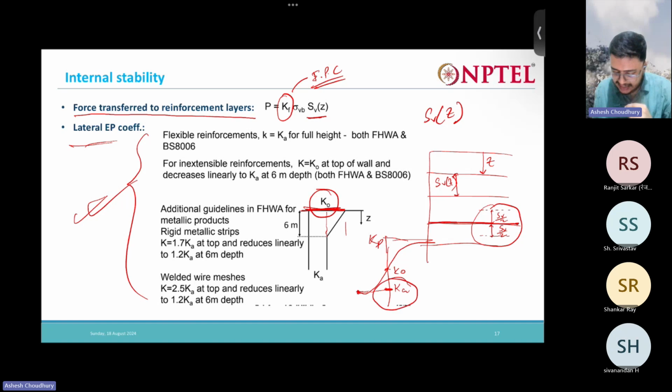That's why K is less than K naught. But what we consider is that there is almost negligible deformation at the top of the wall. So the release of pressure is not able to occur. That's why the pressure is high at the top, and we consider K naught. Deformation is less at the top.